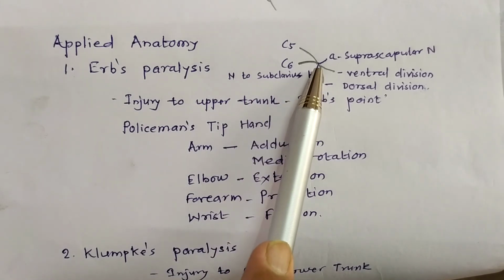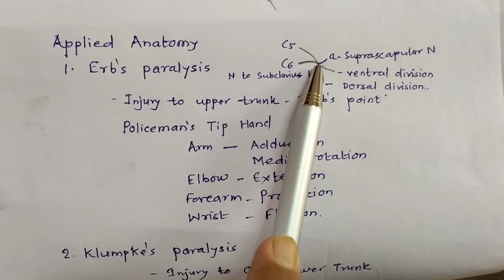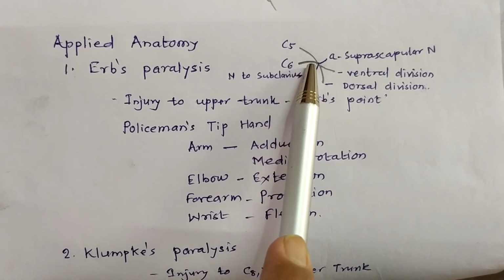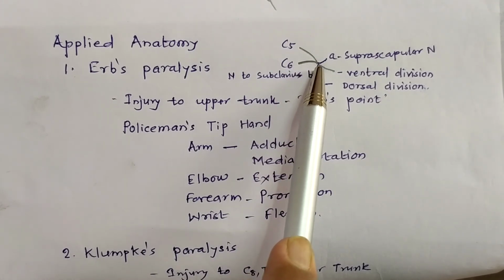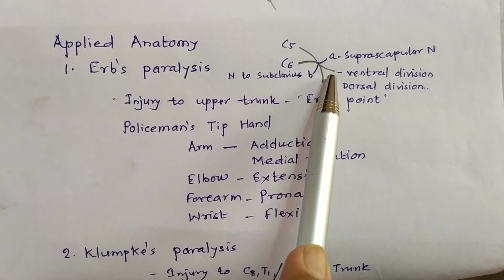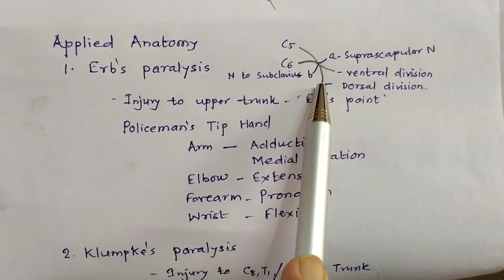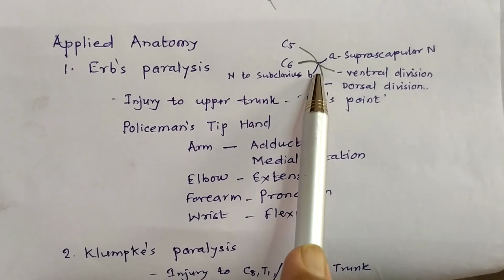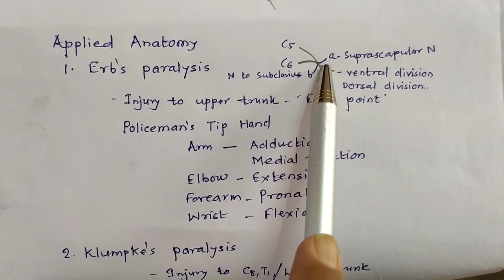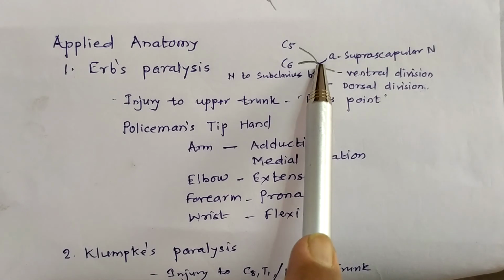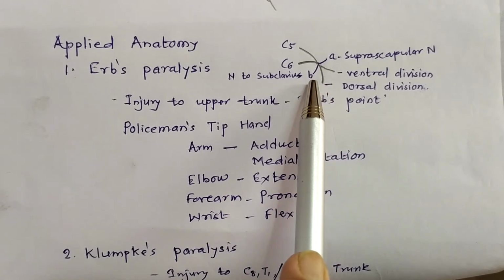Erb's point is a point on the upper trunk and 6 nerves meets here. The C5 and C6 roots join to form upper trunk, and upper trunk divides into two divisions, ventral division and dorsal division. And upper trunk gives two branches, the suprascapular nerve and nerve to subclavius.